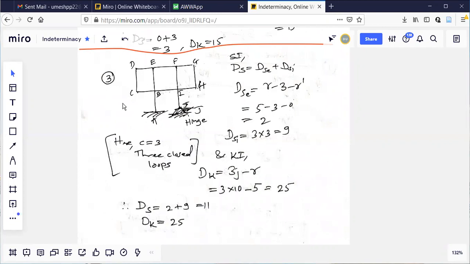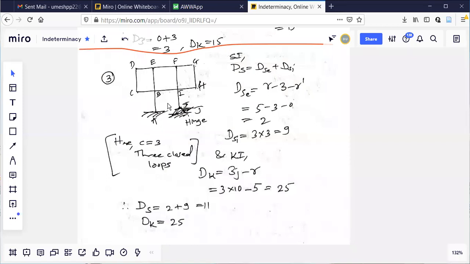There is no hard and fast rule for that. Now you can see A is fixed, J is hinged. So one of the supports is fixed, the other one is hinged. This is a framed structure.